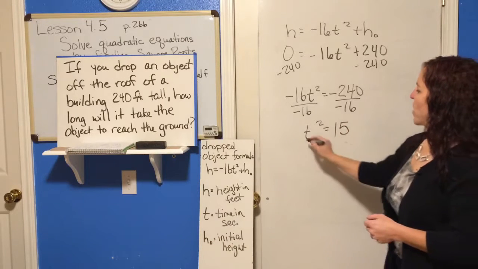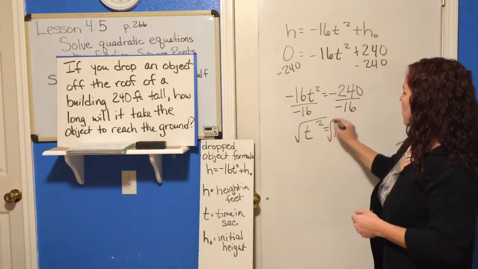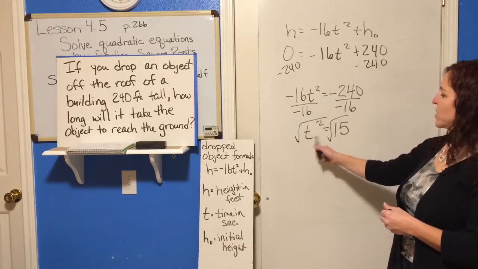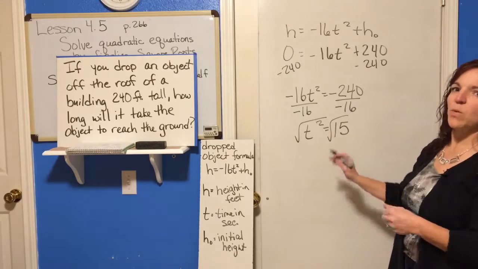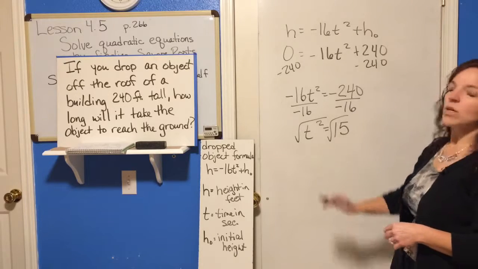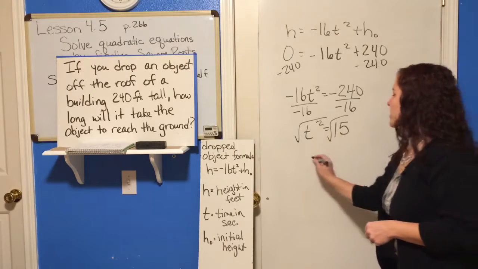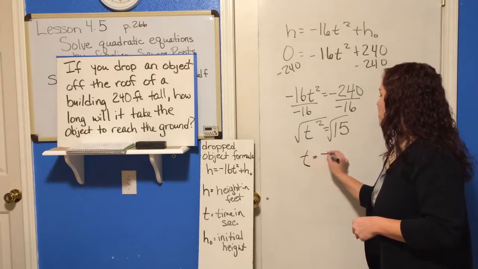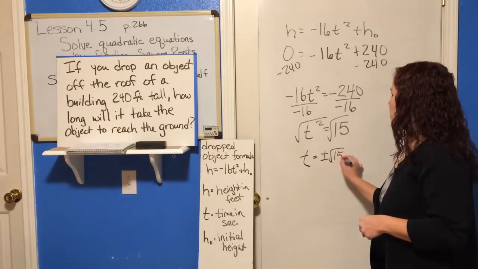And so t squared is 15, and the square root of t squared is going to be the square root of 15, because we want just the time. We don't want time squared, obviously. So the time is plus or minus the square root of 15.